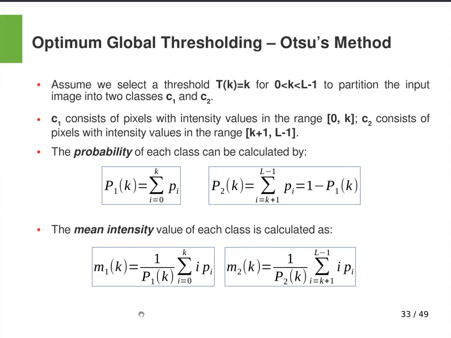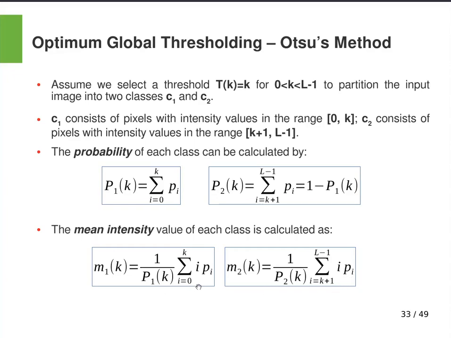The mean intensity value for class 1 is 1 over the probability of the class multiplied by the summation of i times p_i, basically the intensity and the corresponding probability for that intensity. The same can be done for the mean intensity of class 2, which is equal to 1 over the probability of class 2 multiplied by the summation of the intensity with the probability of that intensity.